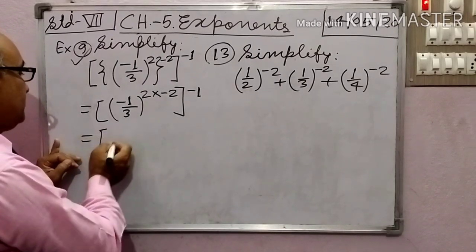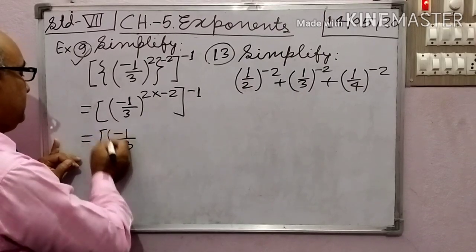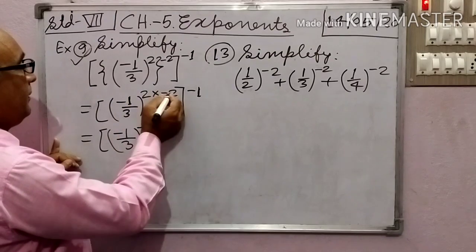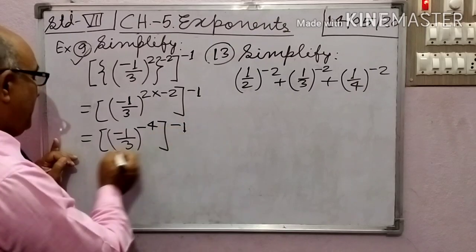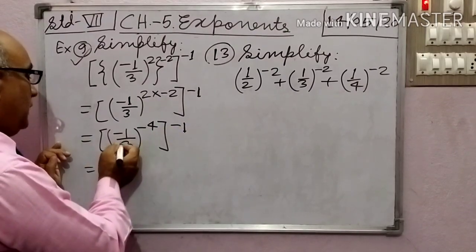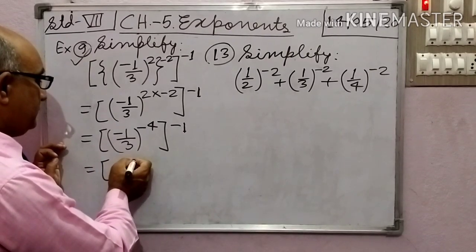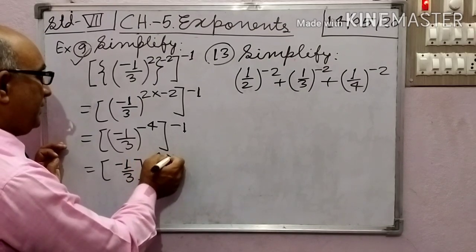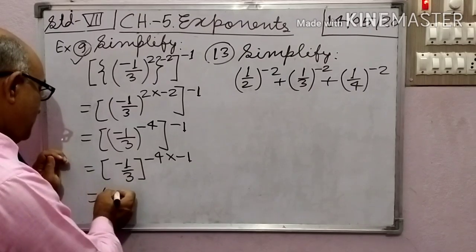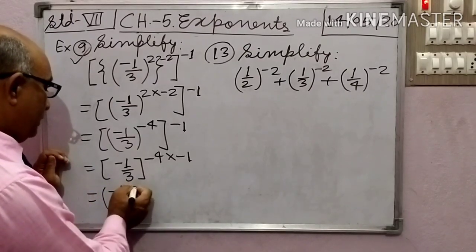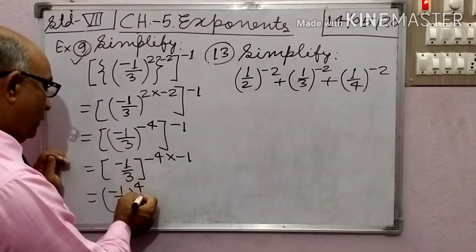In next step, (-1/3) to the power plus into minus minus, 2 into 2 is 4, whole power -1. Now (-1/3) to the power -4 into -1 equals (-1/3) to the power minus into minus plus, 4 into 1, 4.